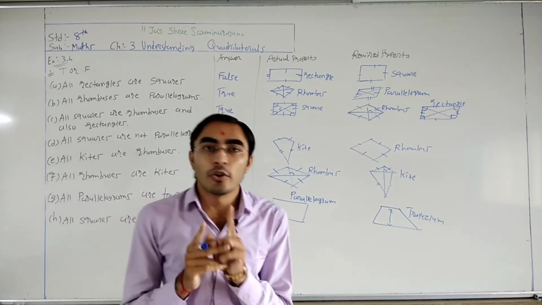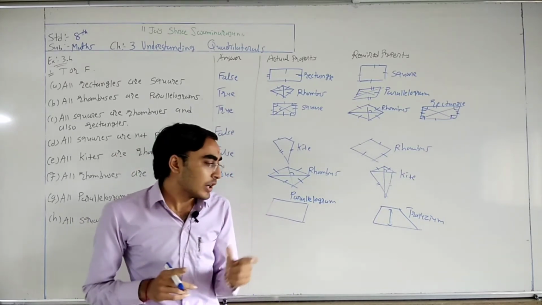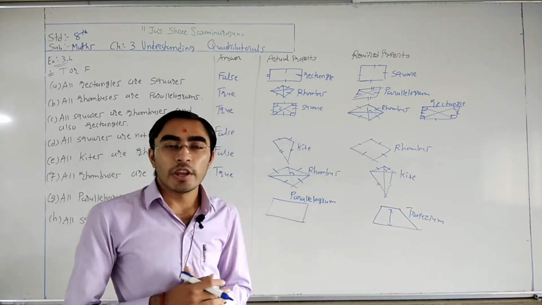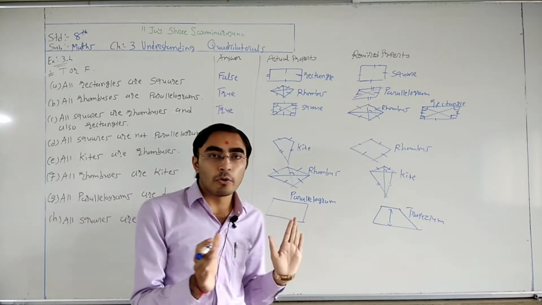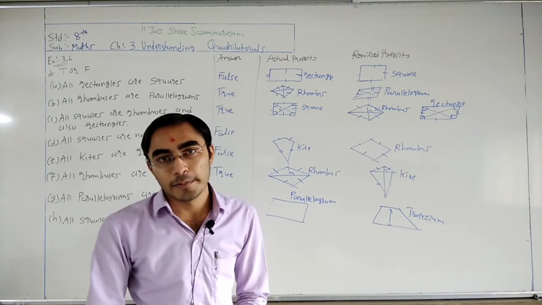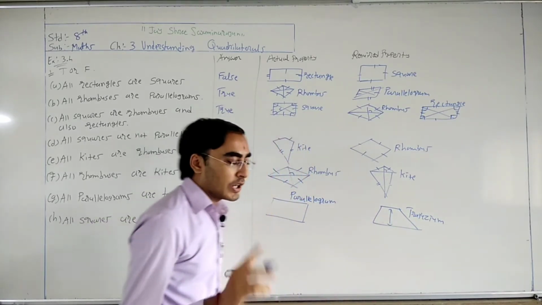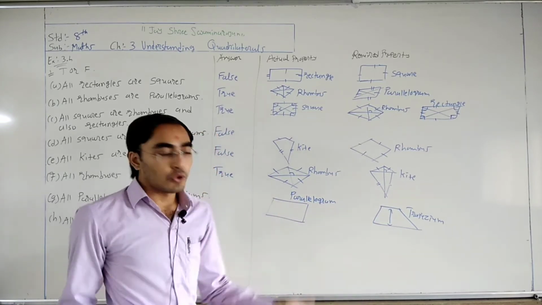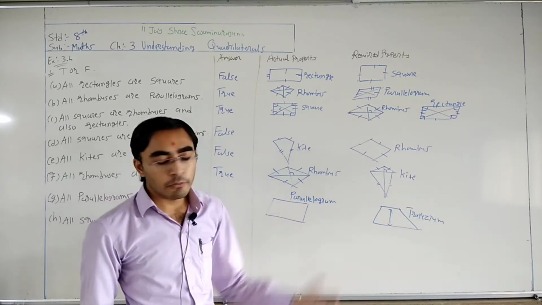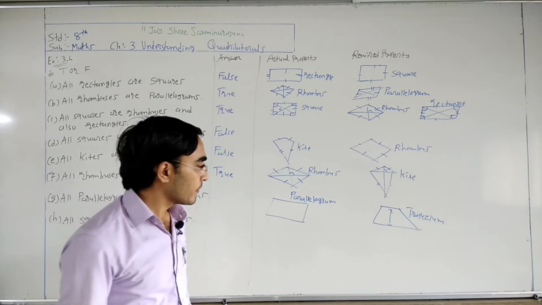But in a parallelogram, both pairs of opposite sides are equal and parallel. Here we want only one pair parallel, but here we have two pairs parallel. So definitely a parallelogram follows the property of a trapezium.